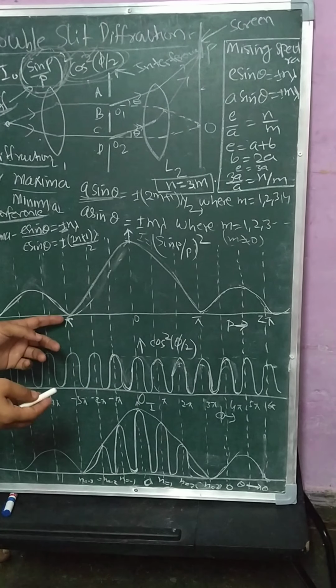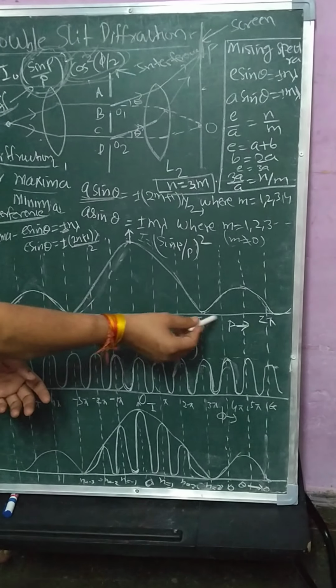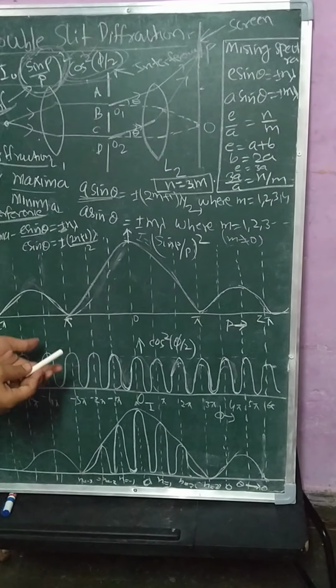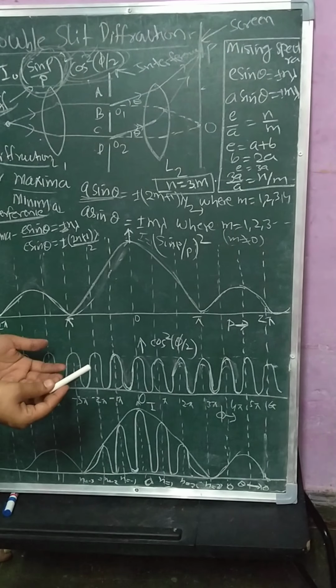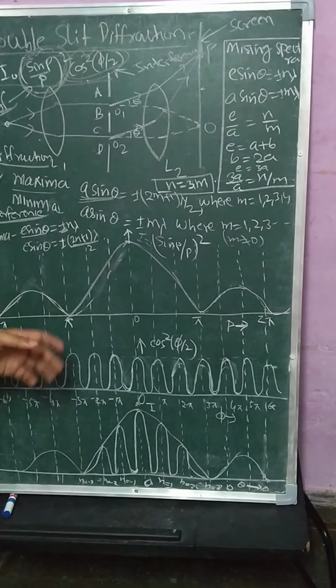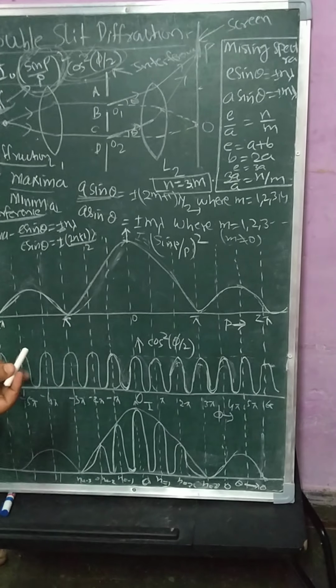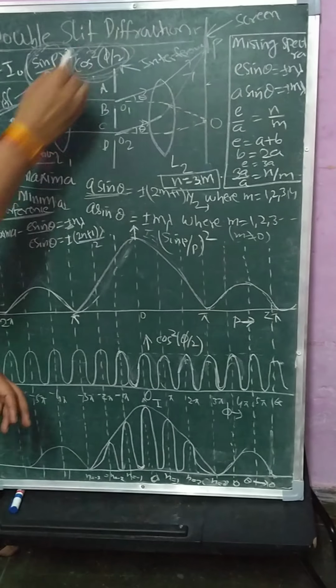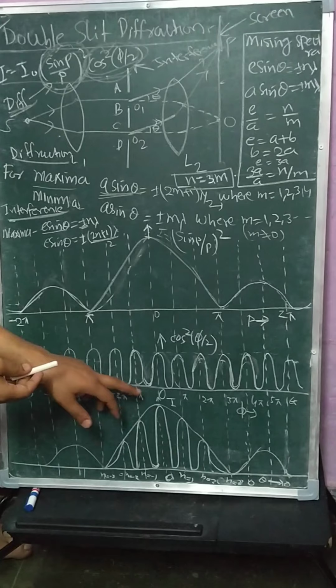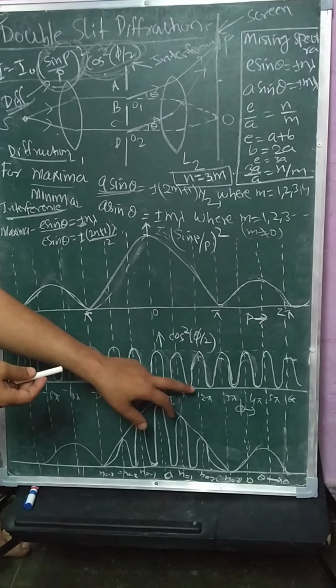So find out the values: pi, 2 pi, 3 pi is minima, and 3 pi by 2, 5 pi by 2 is the maxima already. So in this diagram, and secondly for the second step, the interference pattern, 0, pi, 2 pi.